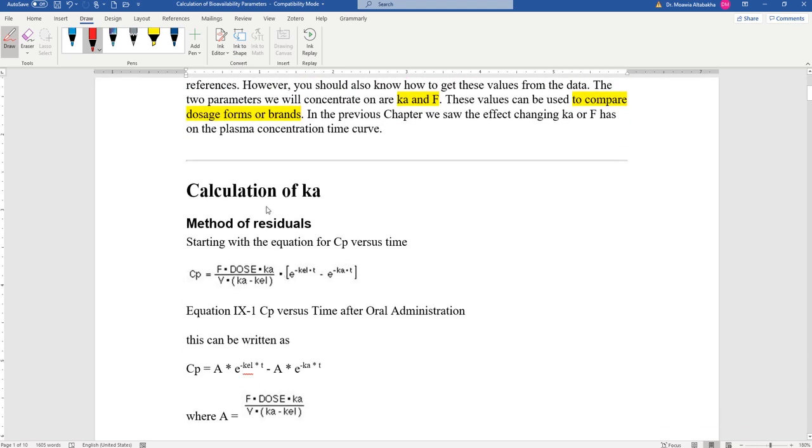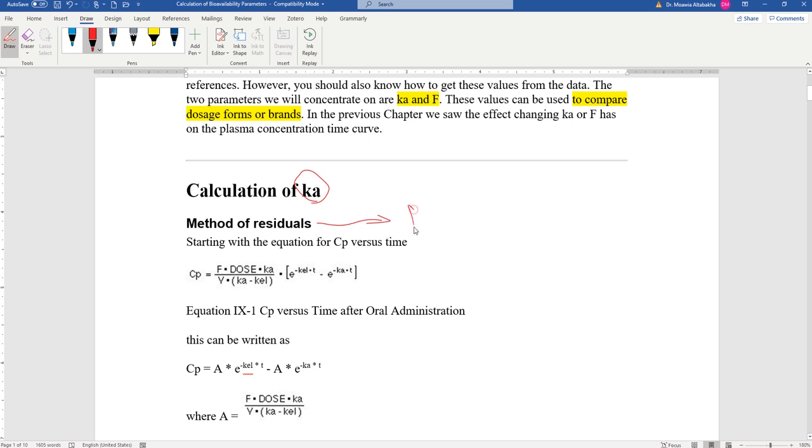Okay, the first thing we will start with is the calculation of Ka, and we are going to talk about an important method that is applicable in pharmacokinetics to different scenarios, one of which is calculation of Ka. It is called the method of residuals. What do we mean by residuals? Residuals is what remains. For example, when you subtract something from something, what remains is the residue.